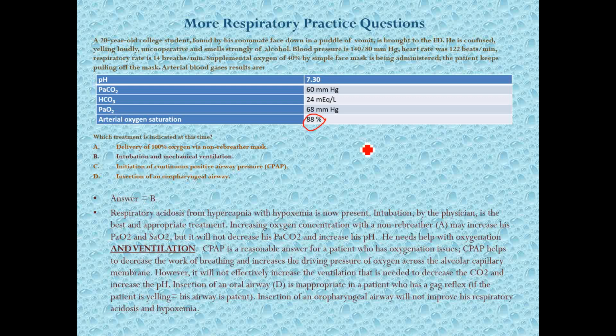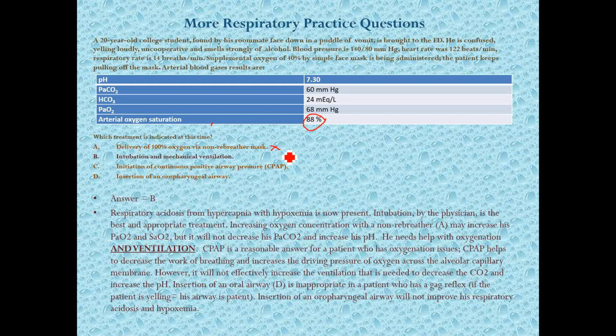But there are two things that are problematic with that. One is that you've got a patient who is not tolerating a mask and who keeps taking the mask off, and so therefore it's not probably going to be very helpful.